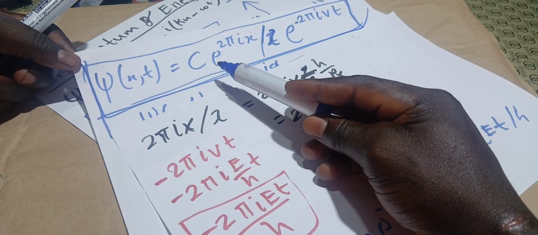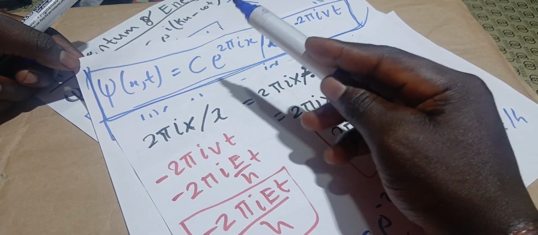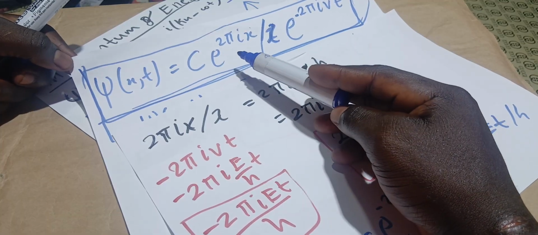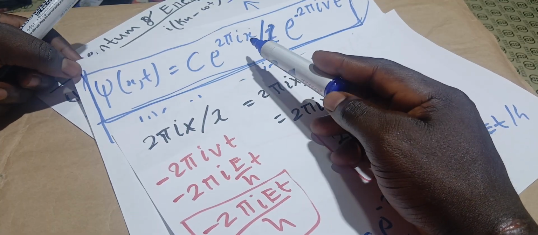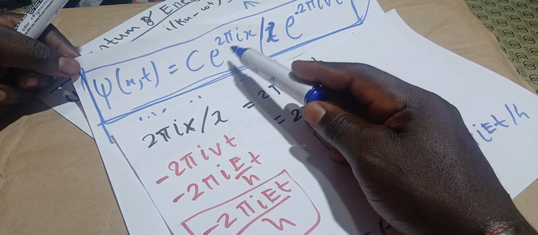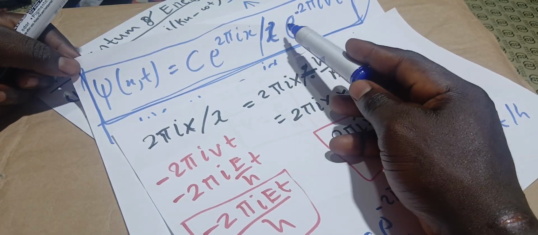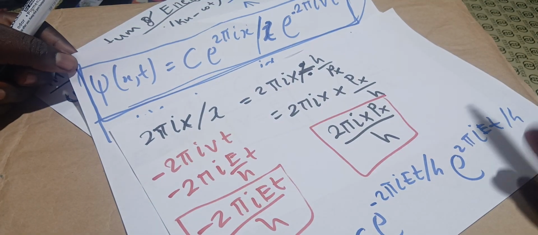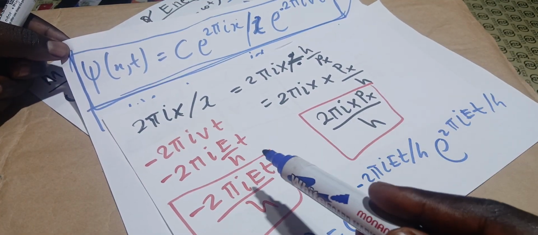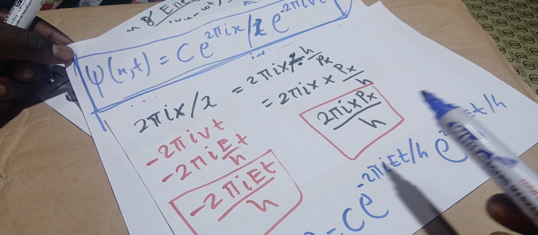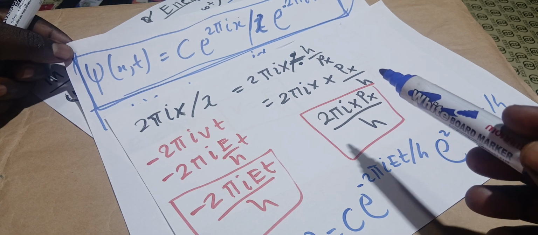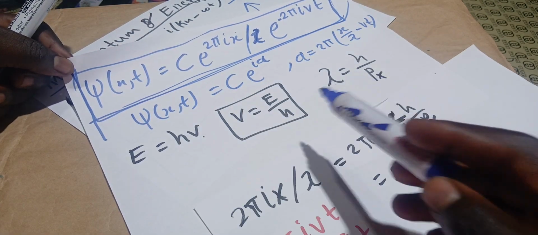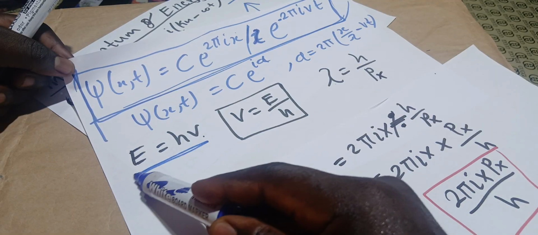I said earlier that this equation, this mathematical model, is called the wave function. So if you want to derive your momentum and the energy operator, just know the general structure of the wave function. Then you start from there and substitute the Einstein-Planck constant and the de Broglie relation, which are these.